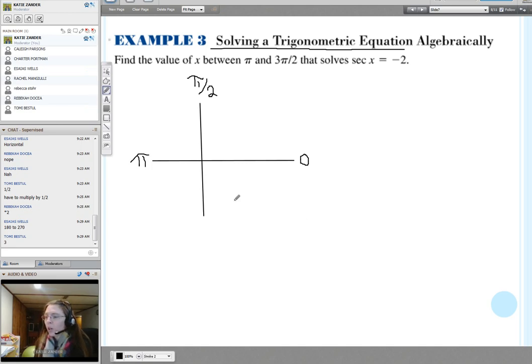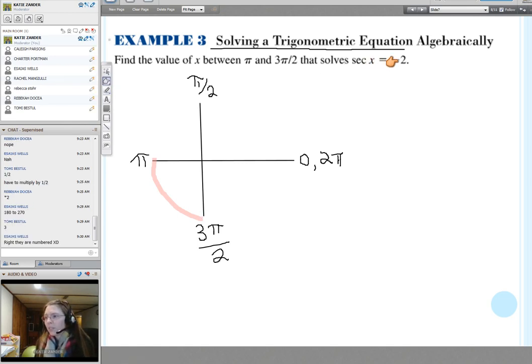Yep, that's your quadrant 3. So if I were to put my little quadrant up here, pi to 3 pi over 2 is somewhere in here. All right, it has secant equaling -2.